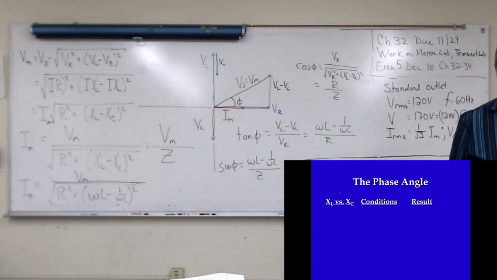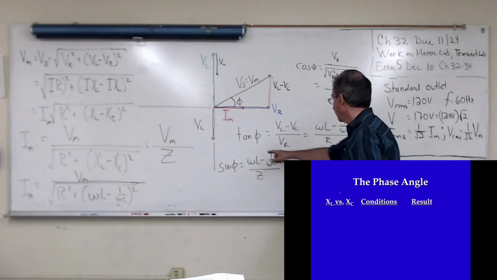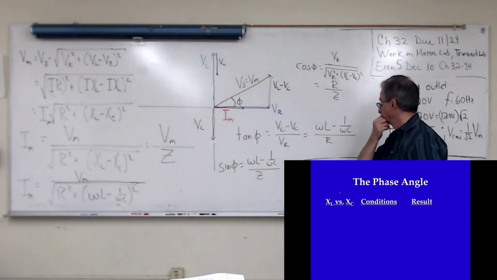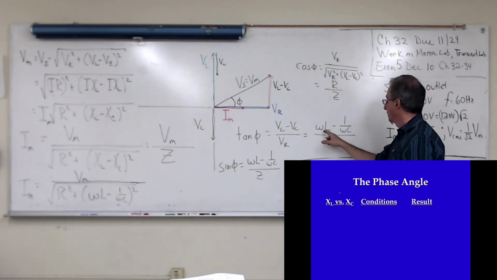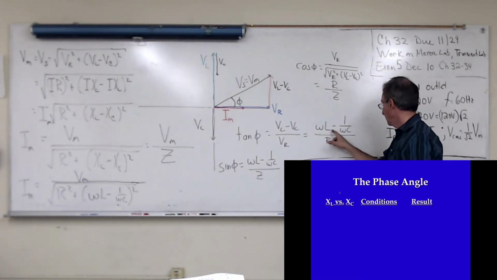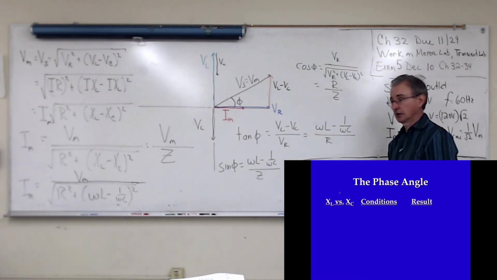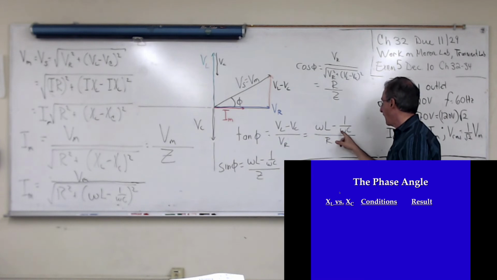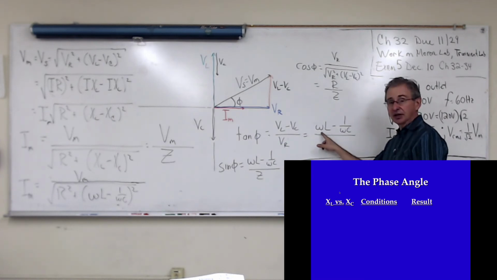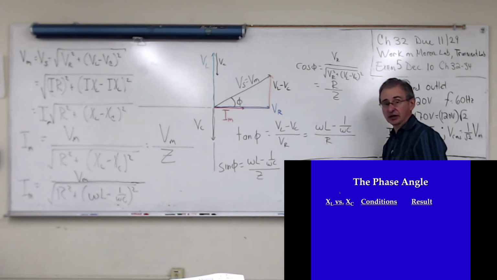Now, let's look at the phase angle. Let's look at this angle. When the inductive reactance is bigger than the capacitive reactance, this angle's positive. When the capacitive reactance is bigger than the inductive reactance, the angle's negative because our numerator is negative.